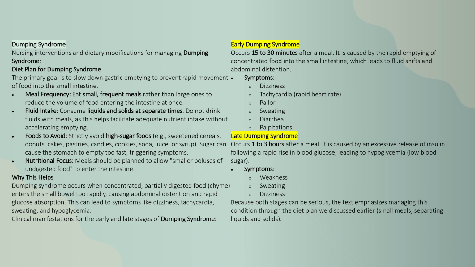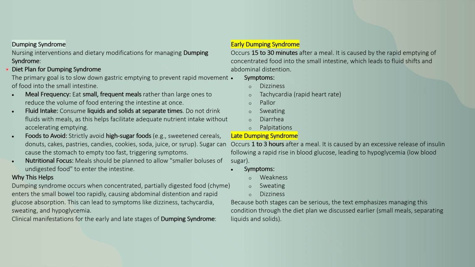Here I made notes for dumping syndrome, the nursing interventions and the dietary modification for managing dumping syndrome. The diet plan for dumping syndrome: the primary goal is to slow down gastric emptying to prevent rapid movement of food into the small intestine.